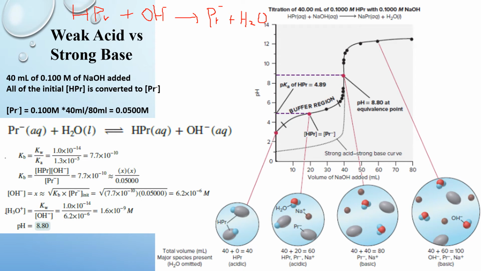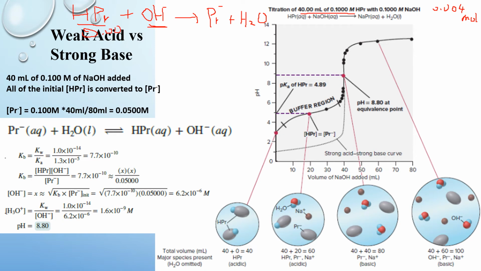So we want the number of moles for the acid and the base, which is the hydroxide, to be the same. For the acid HPR, the total number of moles, if we multiply them, is equal to 0.004 moles. Not molar, moles.